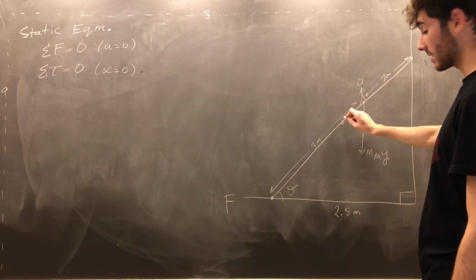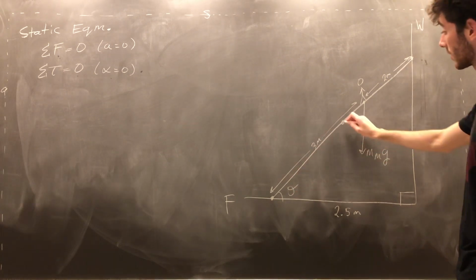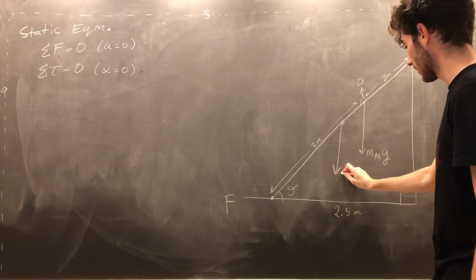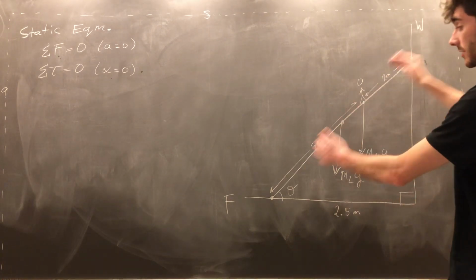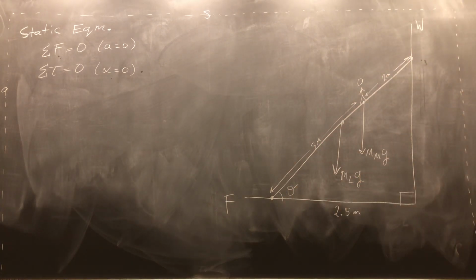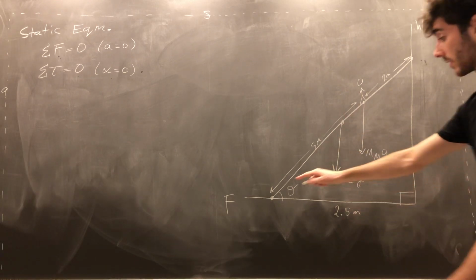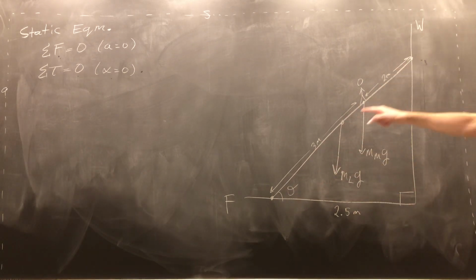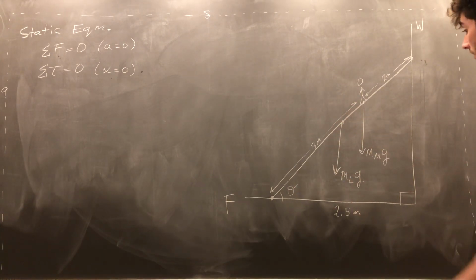We'll take that weight to be at about its center of mass, which is just halfway along the ladder. So call it mass of the ladder times G. I'm assuming the ladder is uniform, and so its center of mass is just at the halfway point. So if the ladder is 5 meters long, then this halfway point is just 2.5 meters.